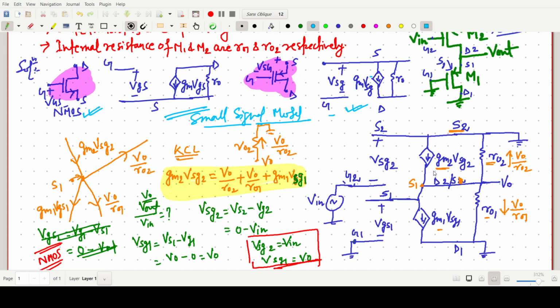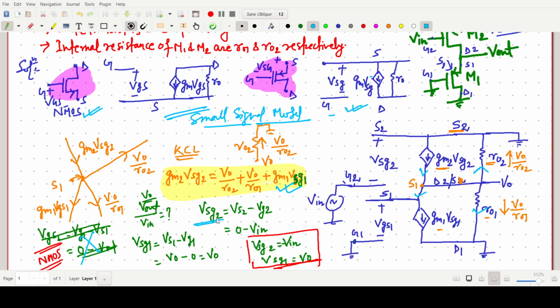Now there are four current items, and this one is an outgoing current, and this one is also outgoing. So GM2 VGS2 equals V naught by R naught 2 plus V naught by R naught 1 plus GM1 VSG1. Here I made a mistake initially, but I have corrected it.